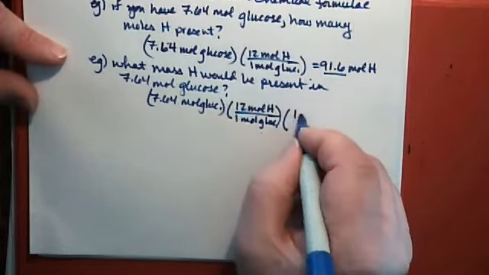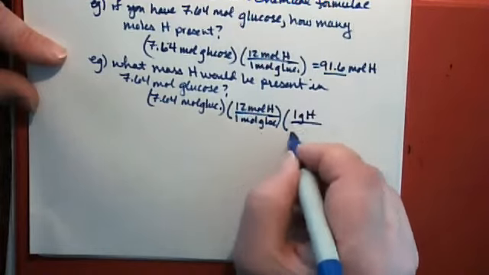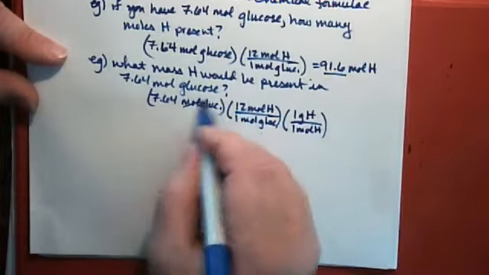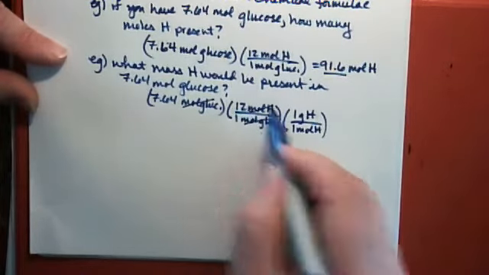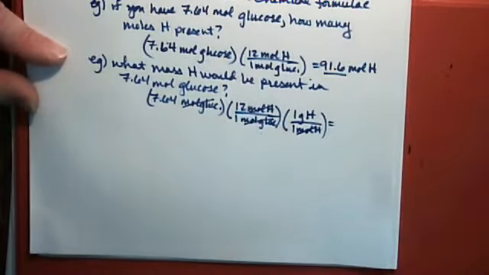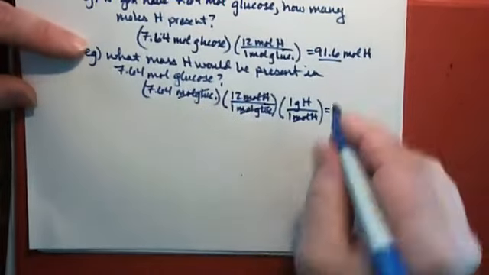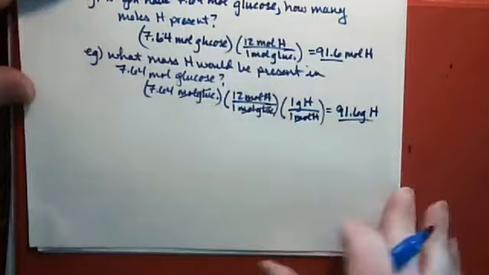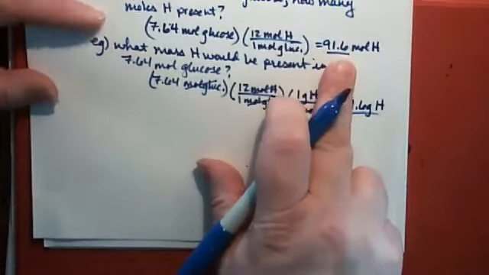And there's 1 gram of hydrogen for every 1 mole of hydrogen. So you notice moles of glucose cancel, moles of hydrogen cancel, and you get grams of hydrogen out. And that would be 91.6 again, because it's 1 gram for every mole.